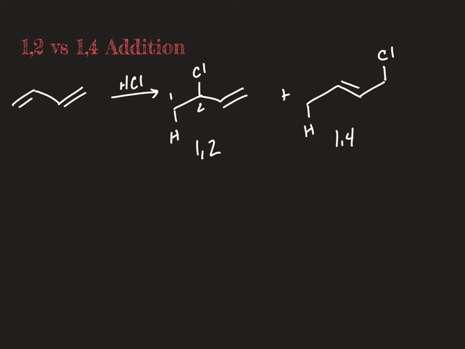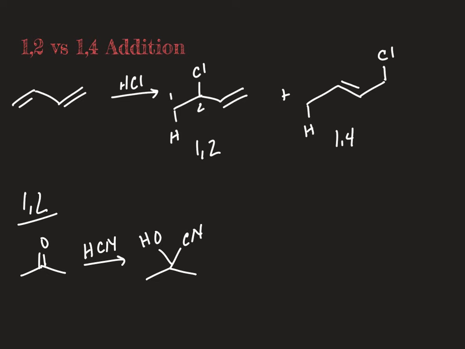With carbonyls, we've already seen nucleophilic addition reactions, and these are what are parallel to the 1,2 addition shown here. It's a little bit harder to see, especially depending on which nucleophilic addition you're looking at, but just as an example, the cyano addition is a 1,2 addition.